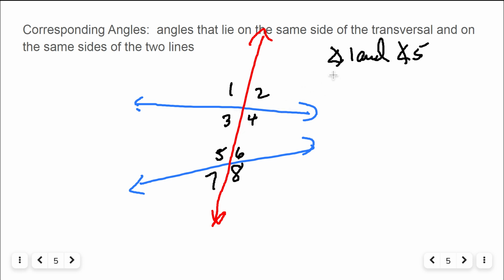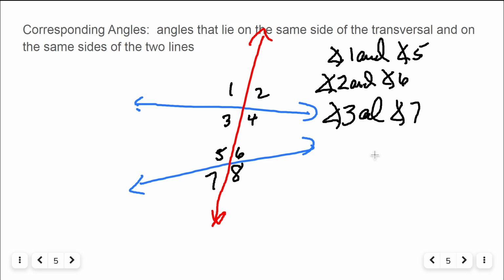So angle 2 is in the top right, and angle 6 is in the top right of the other intersecting pair. Then we have angle 3 is in the bottom left. Angle 7 is in the bottom left. Angle 4 is in the bottom right. Angle 8 is in the bottom right. There's 4 sets of corresponding angles on this picture. Okay? All right, those angles are corresponding. They're in the same location based on their individual intersections. Top left, bottom left, top right, bottom right.